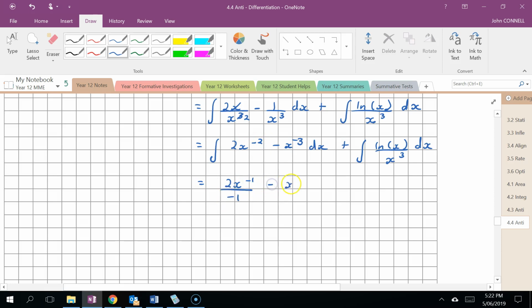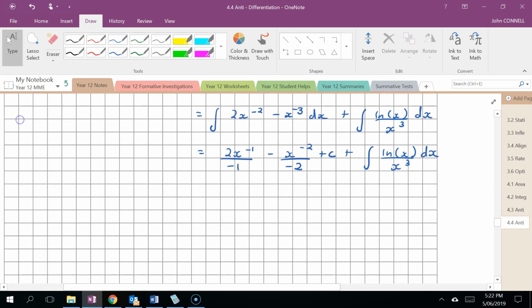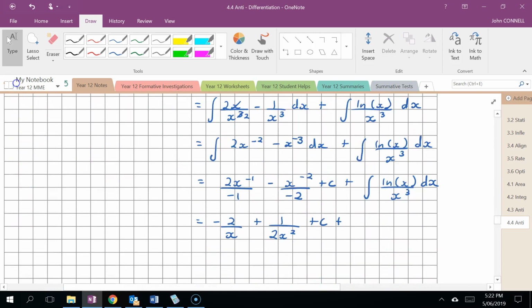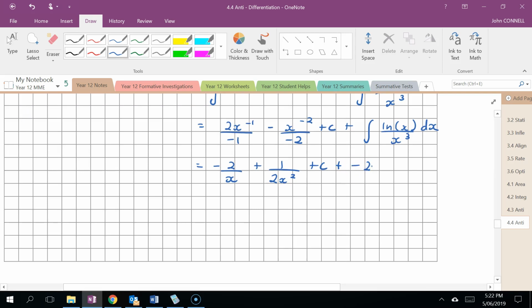Then it will be take x to the minus 2, divide by minus 2, plus c, and then it will be plus the integral of ln x on x cubed dx, which is then just minus 2 on x, and then it will be plus 1 on 2x squared, plus c, plus, now I'm ready for my integral, and it'll be take 2 ln x plus 1, where the plus 1 is outside the ln x, on x to the power of 4, and that will be plus c.